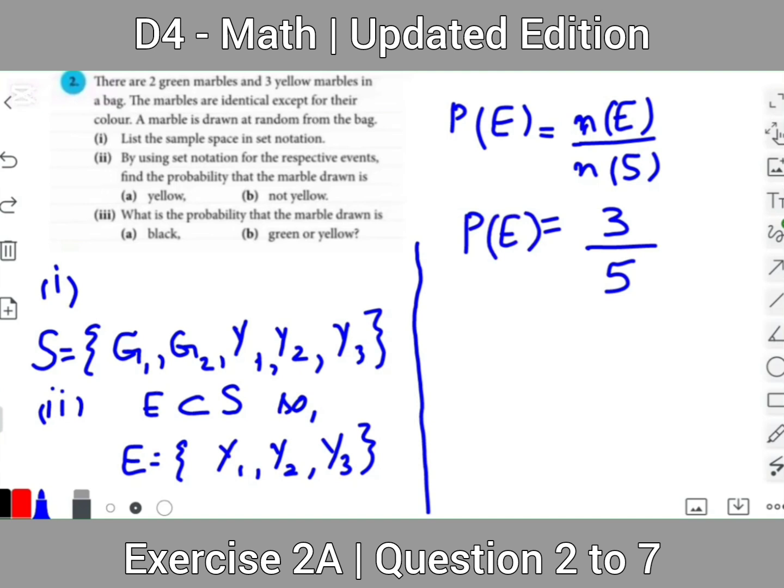Now, in part B, find the probability that the marble drawn is not yellow. So we have to find E complement. E complement is the event that the marble drawn is not yellow. So for this, we have P of E complement equals 1 minus P of E, as we have learned.